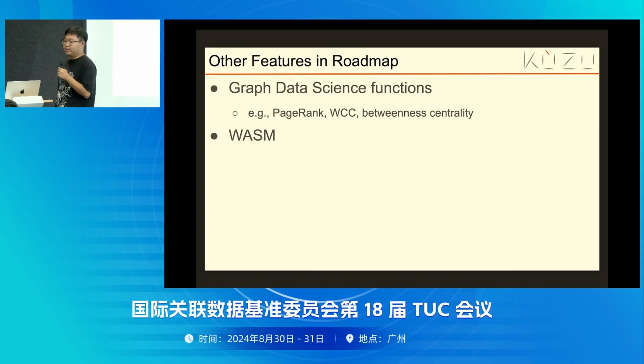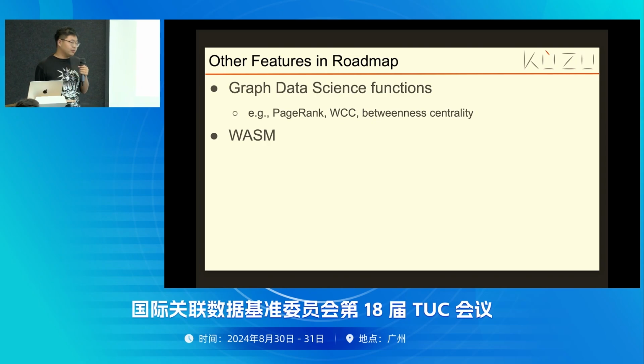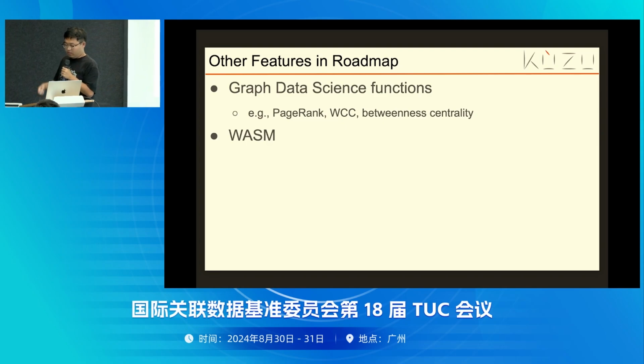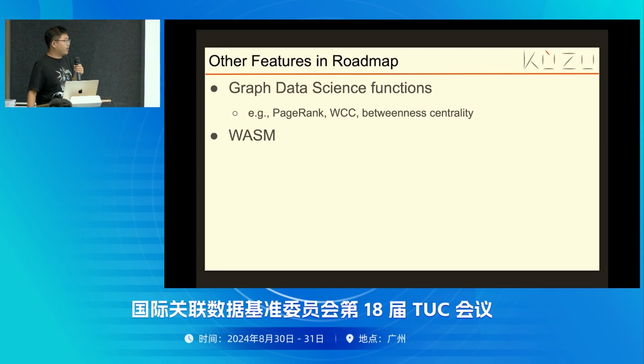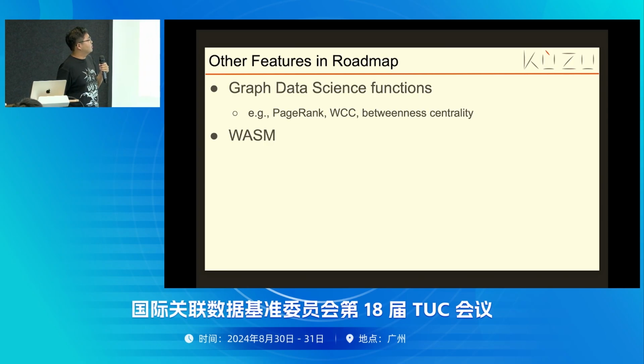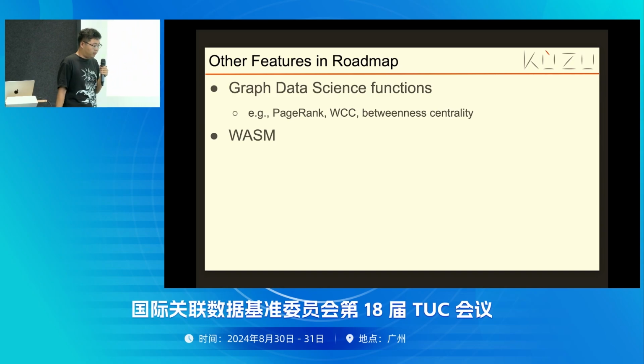We get this complaint from our users that although you're able to export data to NetworkX, what we want to run doesn't really scale with NetworkX. So we try to do something that can utilize our parallelization framework and our storage, so that we can deliver reasonable performance for some of the commonly used graph algorithms.